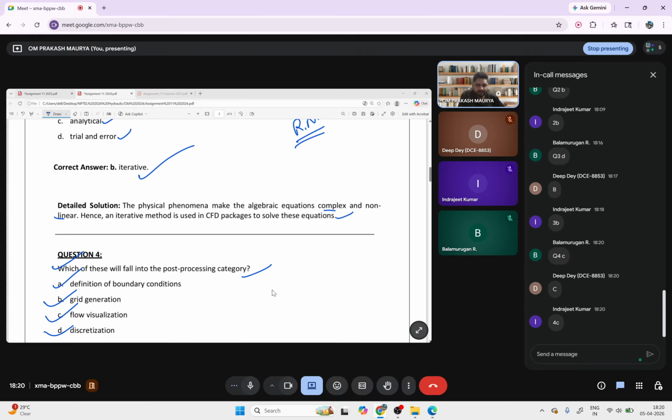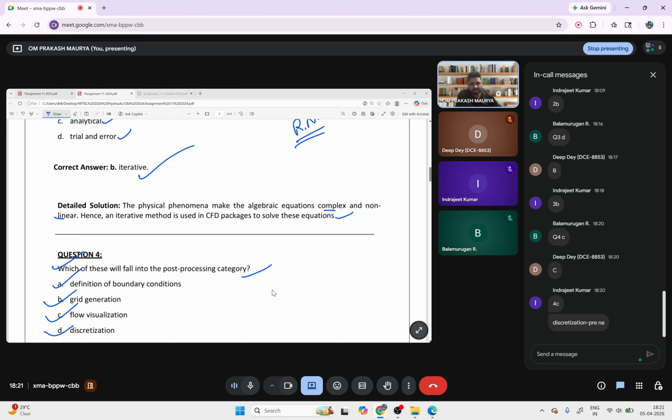If a student starts from question number 4 and I do not explain here, that will be difficult for that student. So I'll explain, but very briefly, not like previously. So Indrajit is also telling C, Deep is also telling C. That is flow visualization, definitely.